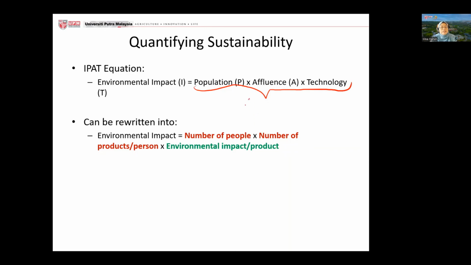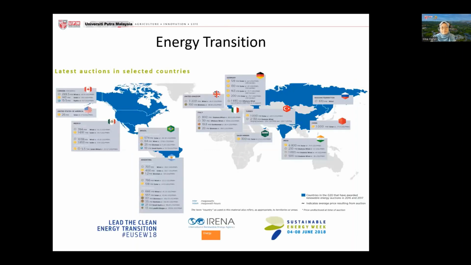It can actually be translated into this: the environmental impact is the number of people that is affected, times the number of products per person, times the environmental impact per product. So you can actually get an index of what the environmental impact is, right?